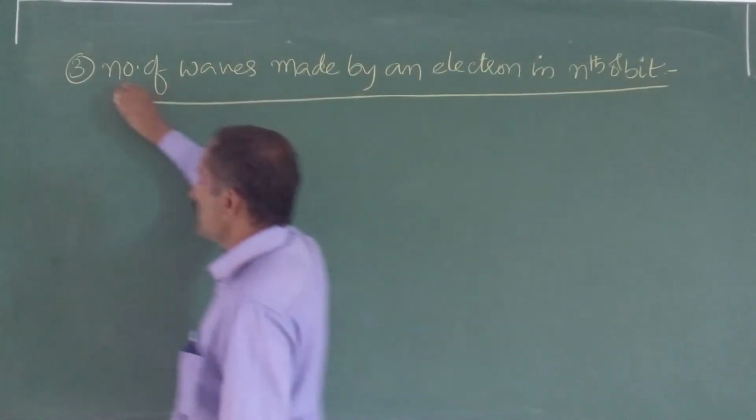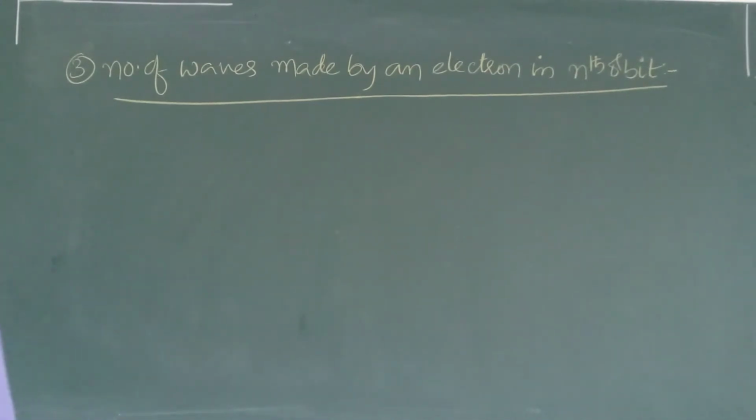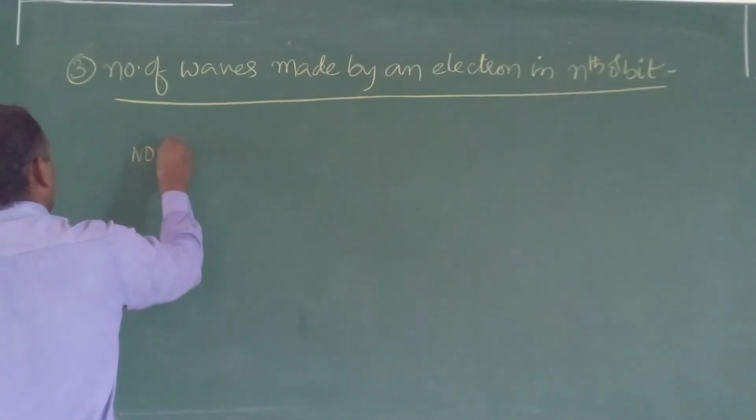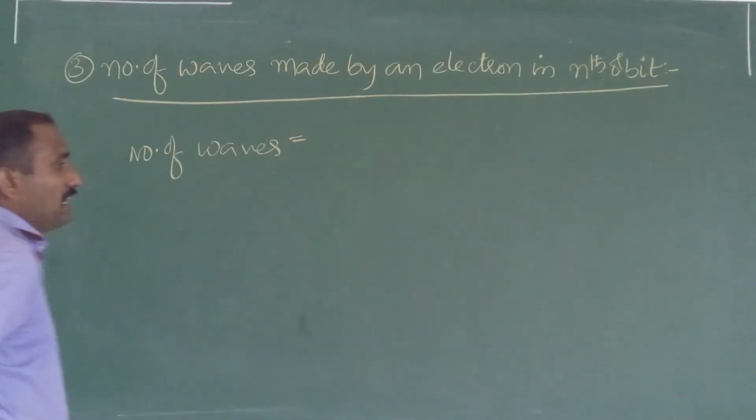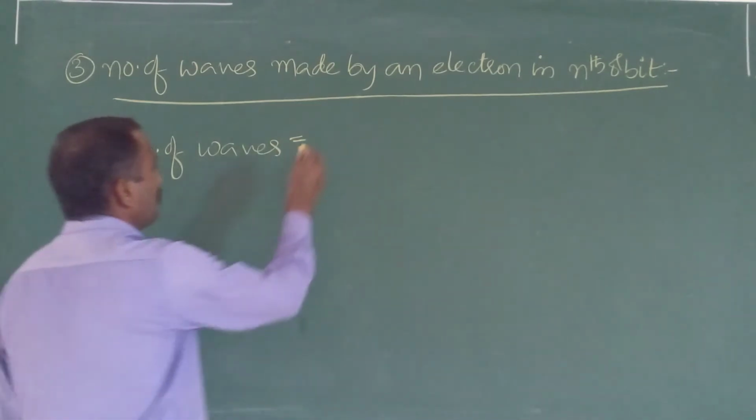Sometimes they will ask how many waves can be accommodated in the fourth orbit, third orbit, like that. Lastly, a shortcut formula will come that we should remember. Number of waves made by an electron in nth orbit. Here the shortcut formula for number of waves: circumference of orbit.